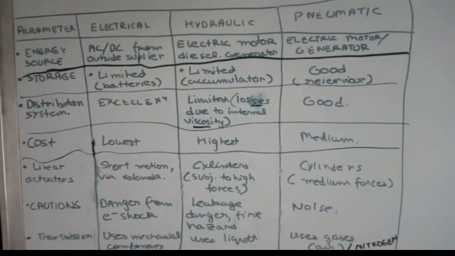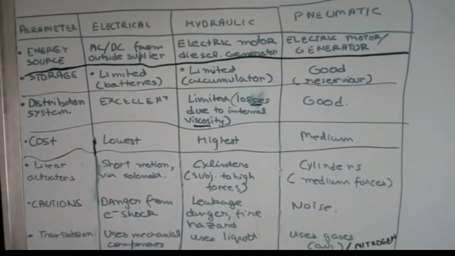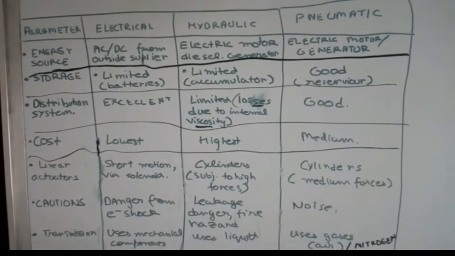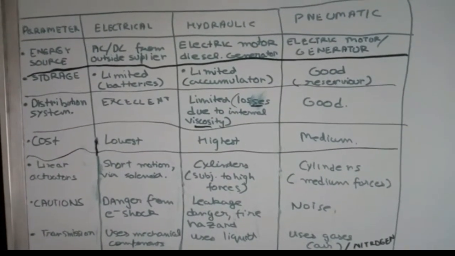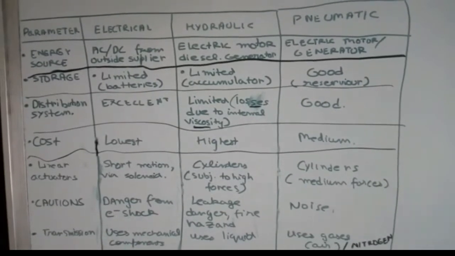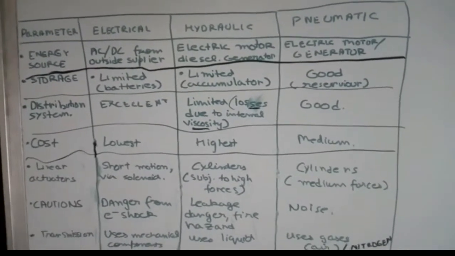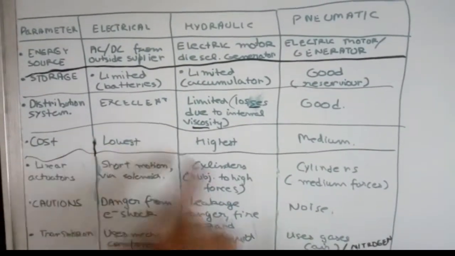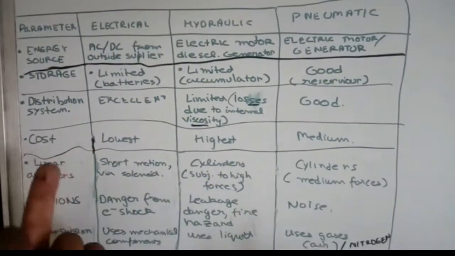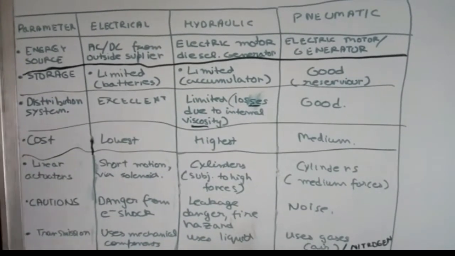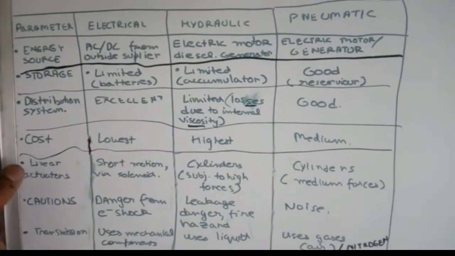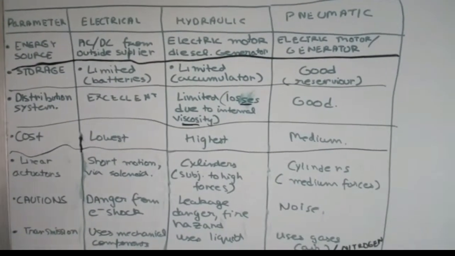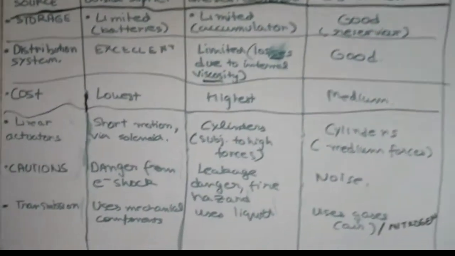Because hydraulics are not so safe, so we need to design pipes and ducts which are highly safe and that we can use within the permissible limits, considering the factor of safety. So highest in hydraulics, medium in pneumatics, not as cheap as electrical but not as costly as hydraulics. Linear actuators: actuators means where we obtain the motion.